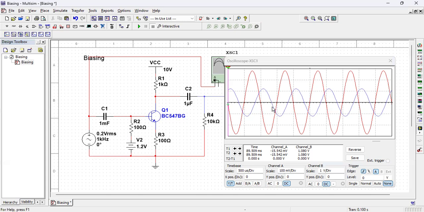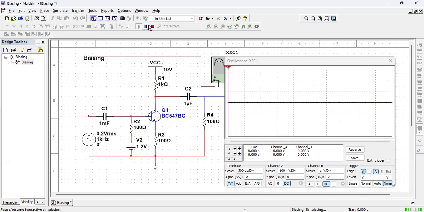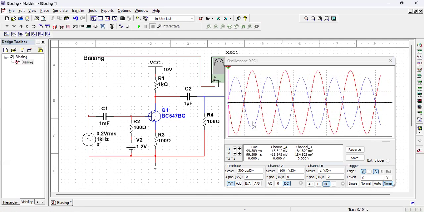Why the output will change? Because capacitor is a kind of impedance in the signal line. So let us see how they have both changed. So see, now the phase difference is almost zero, right? And here, now I will explain you once again.